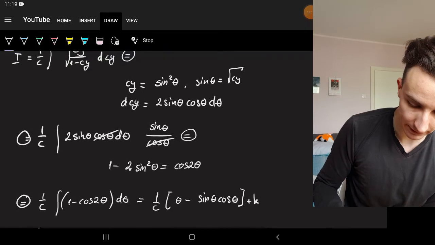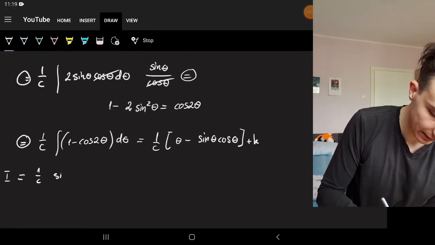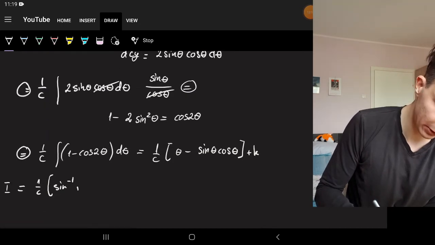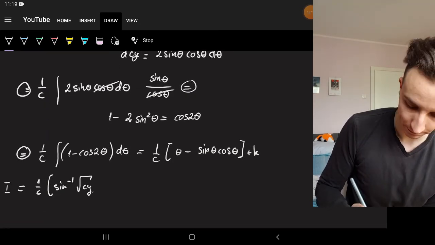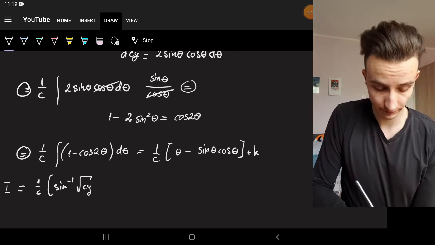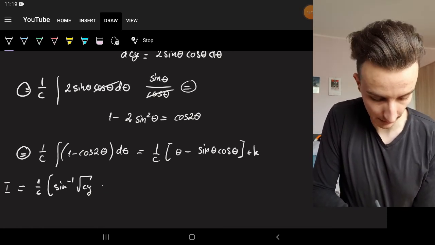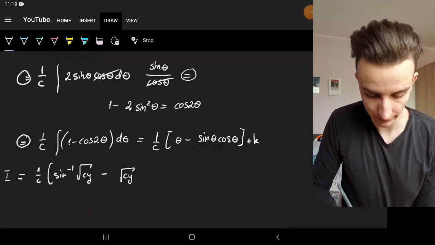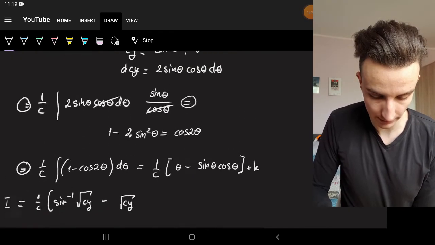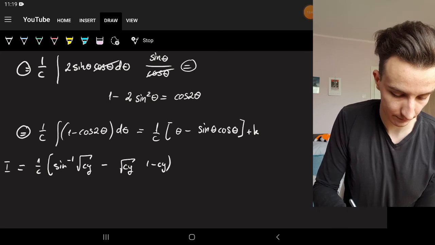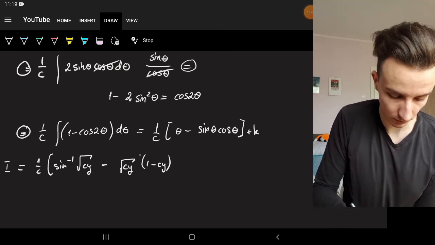So theta is the inverse sine of the square root of cy, and then minus sine theta, which is the square root of cy, and cosine theta is the square root of 1 minus sine squared, which is 1 minus cy, all square root.